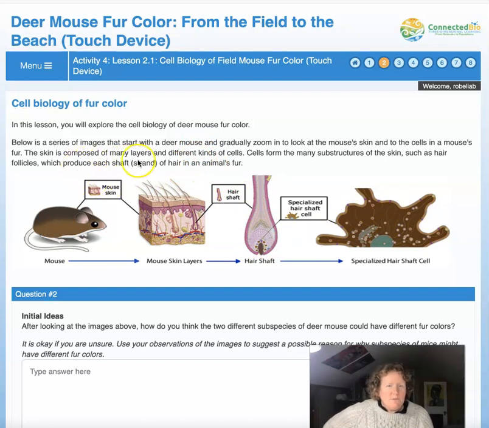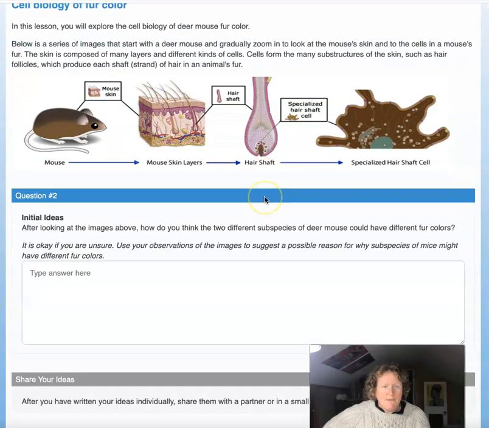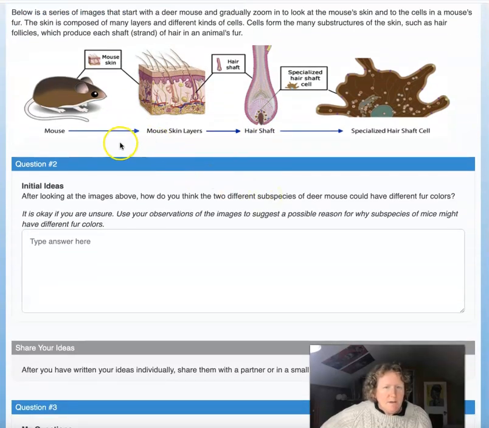The skin is composed of many layers and different kinds of cells. We're only going to look at one type of cell. Cells form the many substructures of the skin, such as hair follicles, which produce each shaft or strand of hair in an animal's fur. After looking at the images above, how do you think the two different subspecies of deer mouse could have different fur colors?